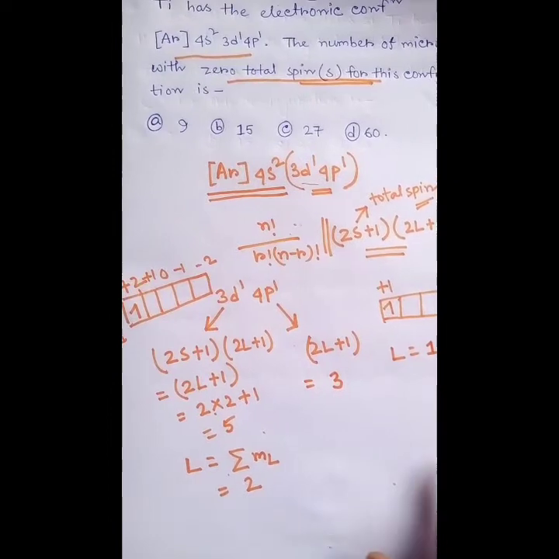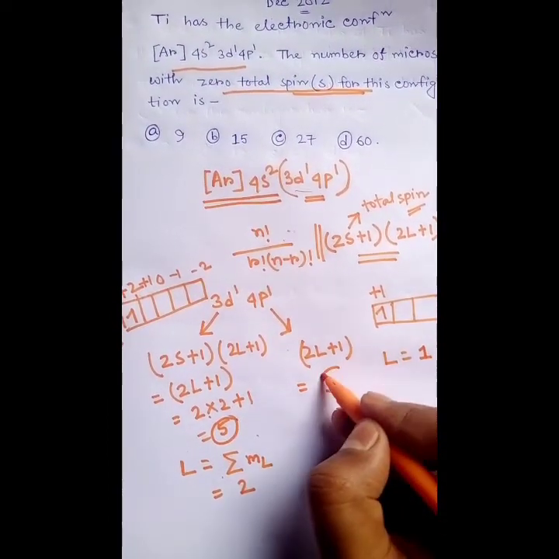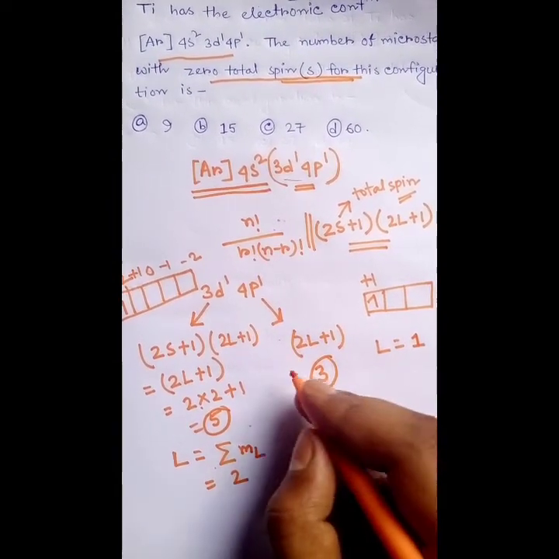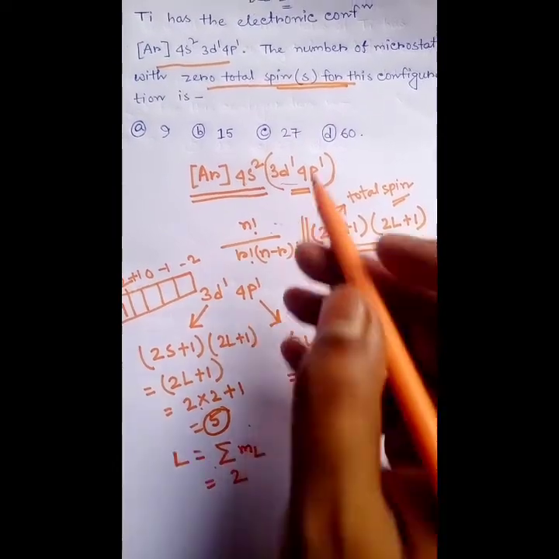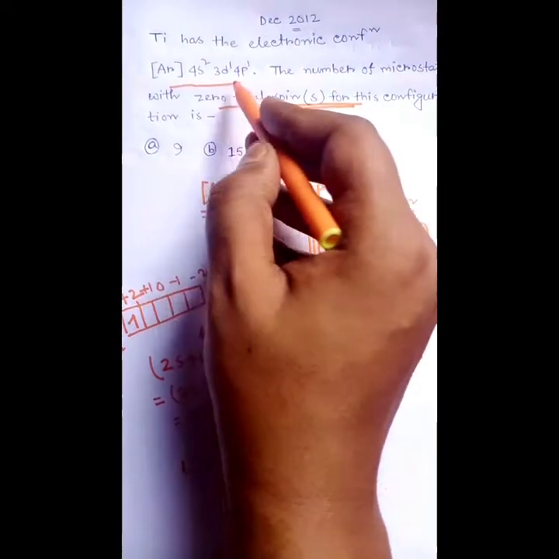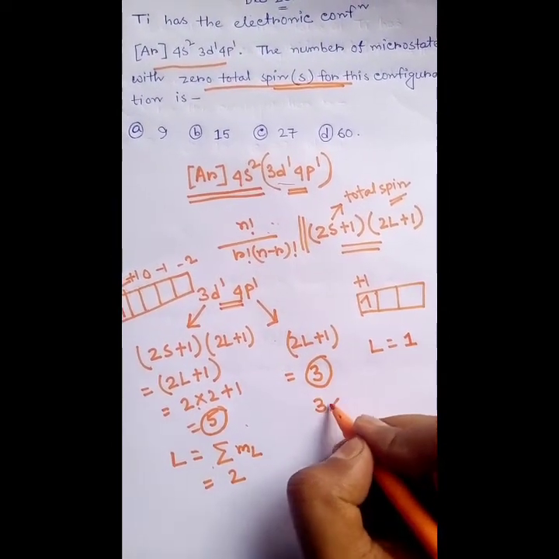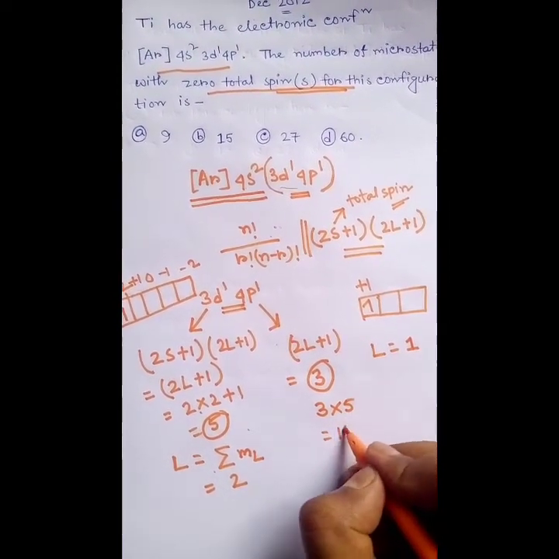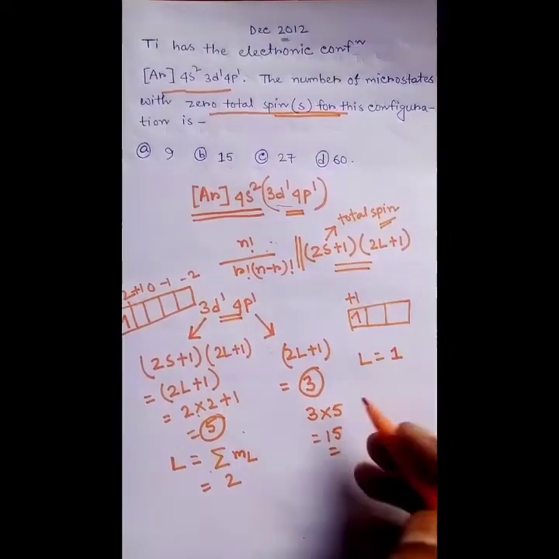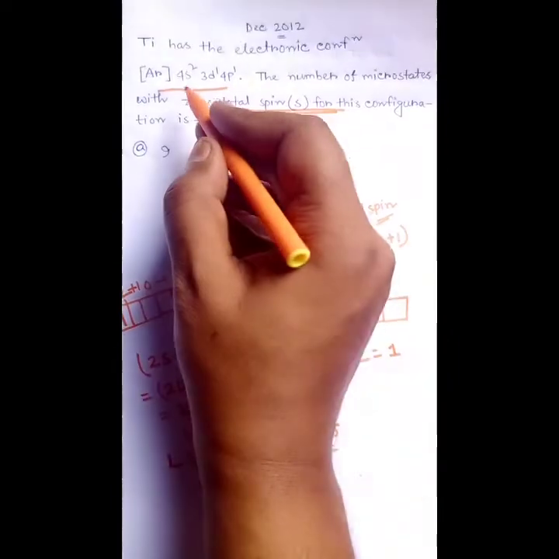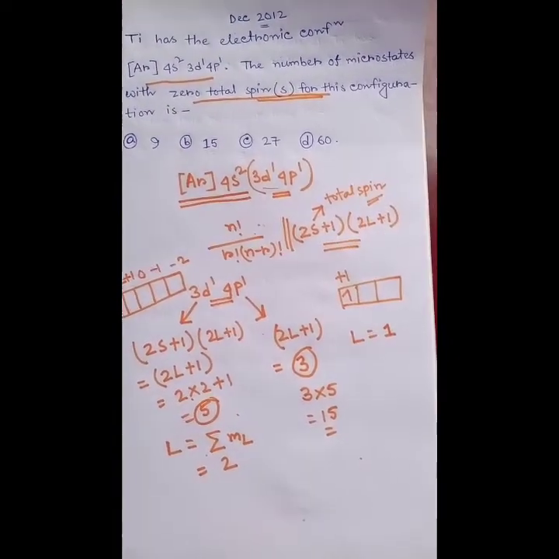So for both cases I have got the value of (2L+1). Now you have to multiply them to get the total number of microstates for this electronic configuration. So 3 into 5, 15 will be the number of microstates for these electronic configurations where the total spin value is 0.